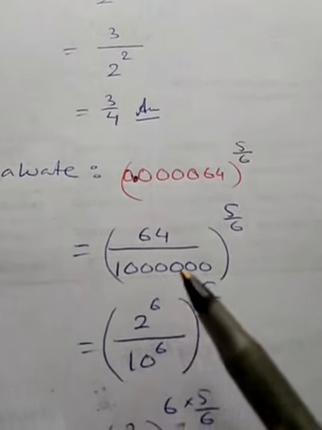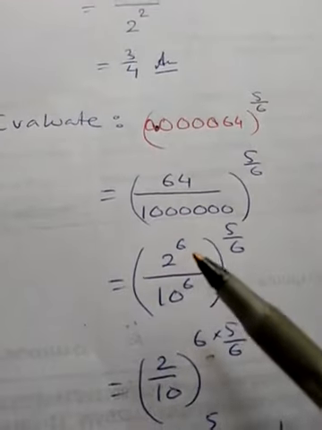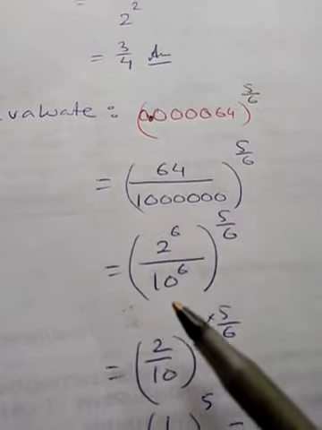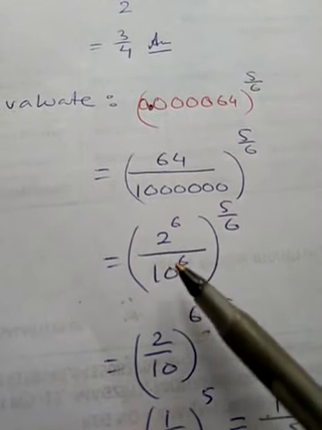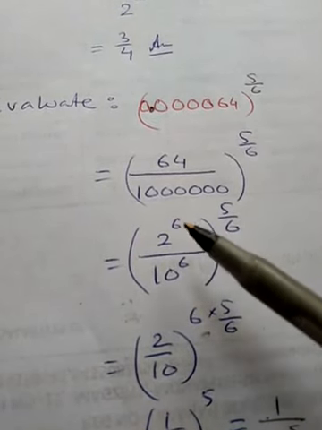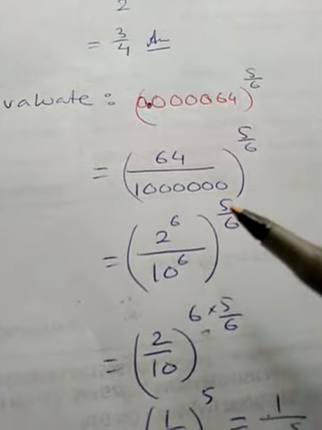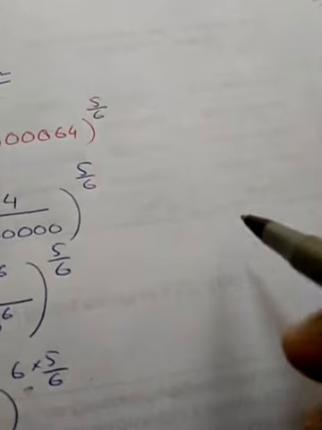Now 64 means 2 to the power 6. This way we have to factorize. So 2 to the power 6, and then this is 10 to the power 6.